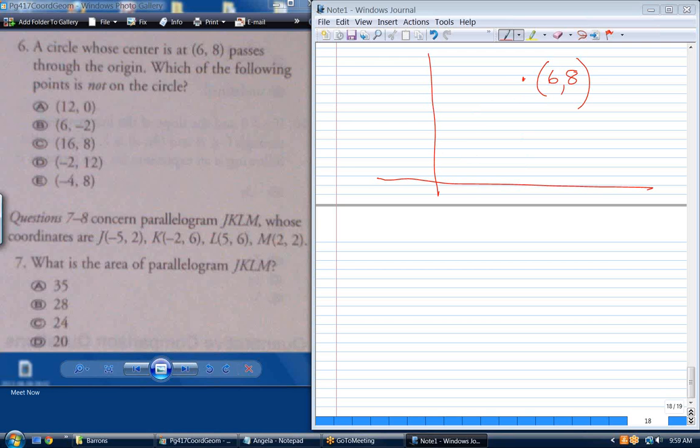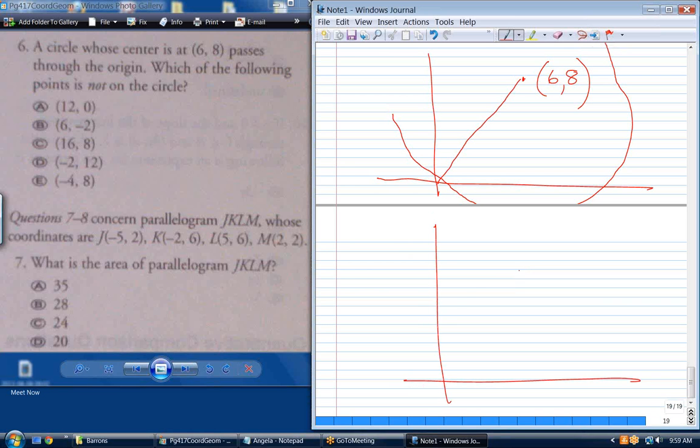Okay. Passes through the origin, so there's its radius. So the circle, somewhere like that. I should have drawn it on my screen, so let me do this. Draw a circle, passes through the origin.